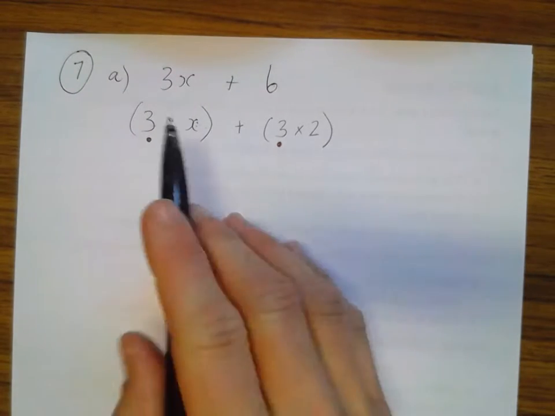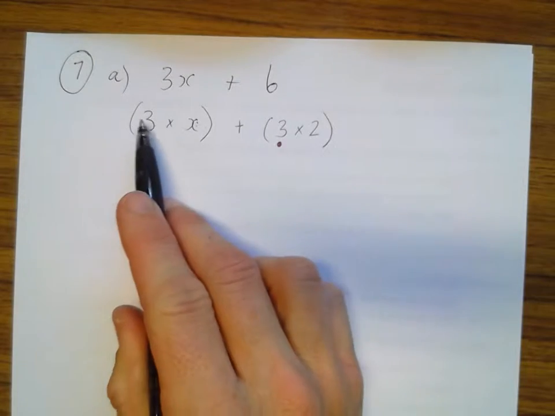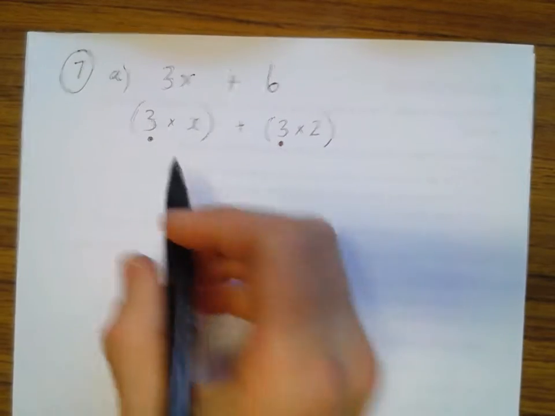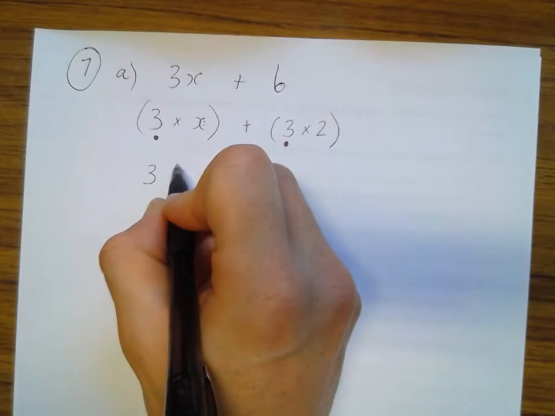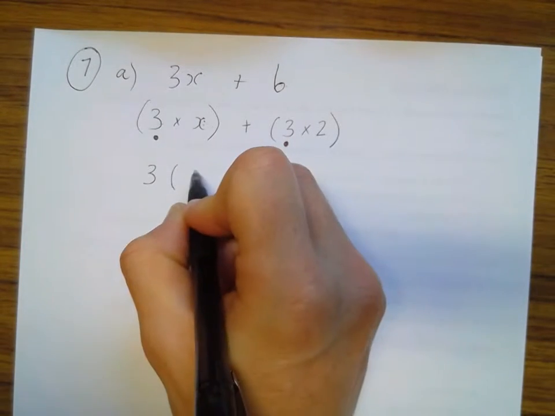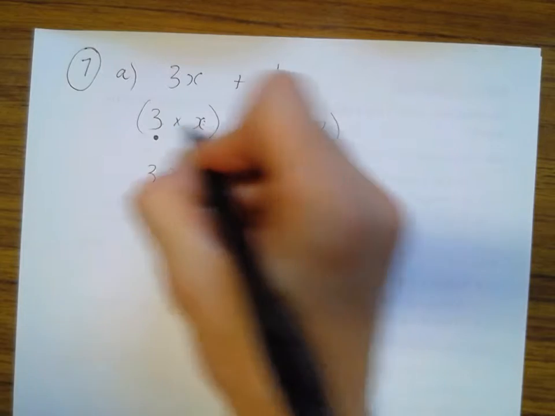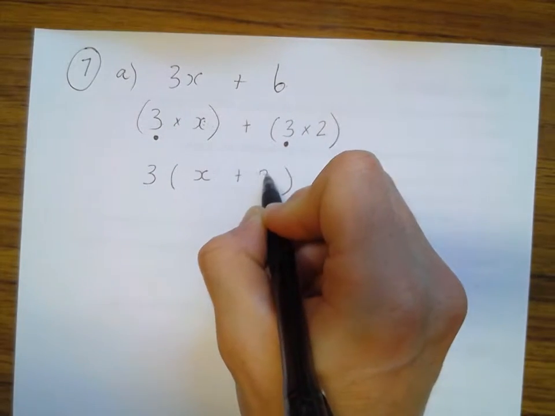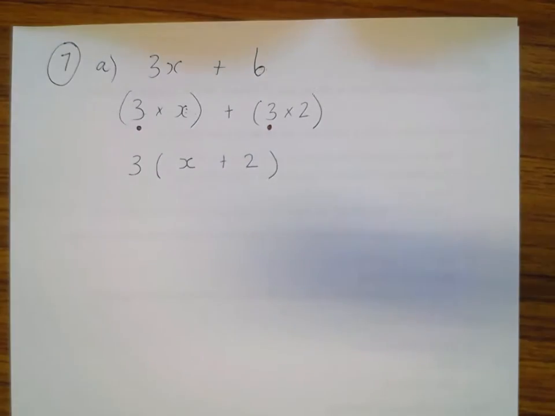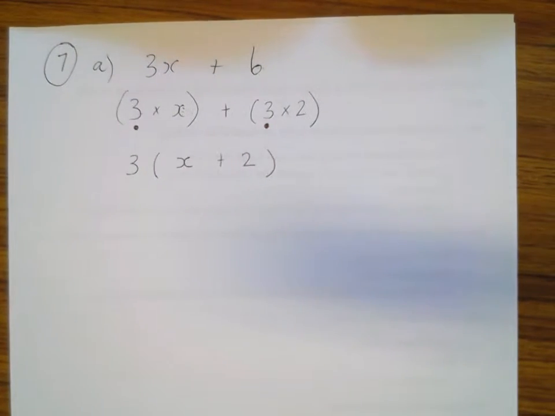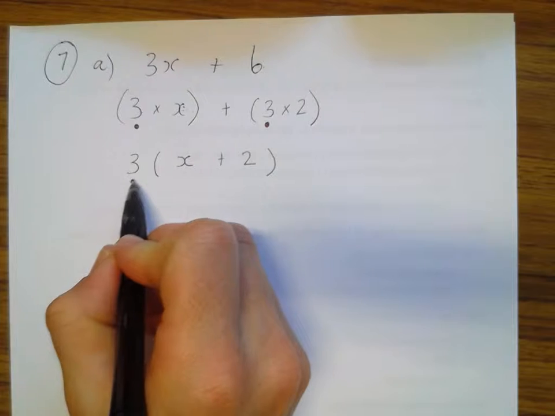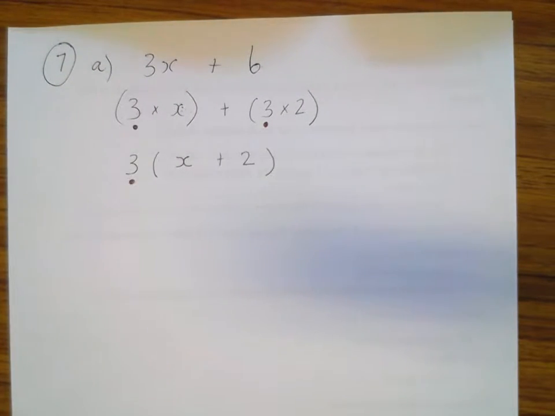Once you've identified the highest common factor between the two terms, you simply put it outside the bracket, and then whatever is left over you put inside the bracket, x plus 2. Okay, that is the factorised version of 3x plus 6. The highest common factor is sitting outside the bracket.